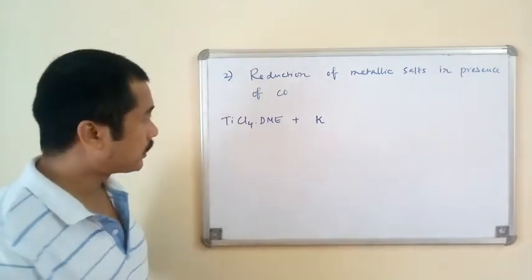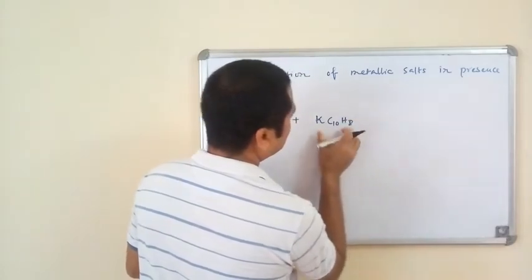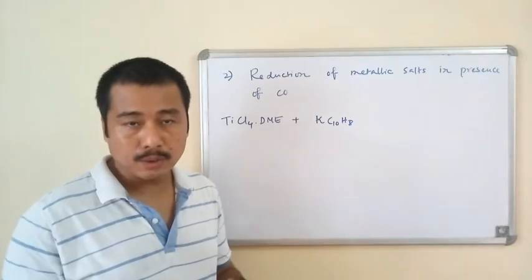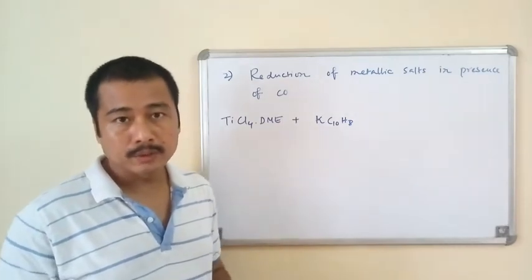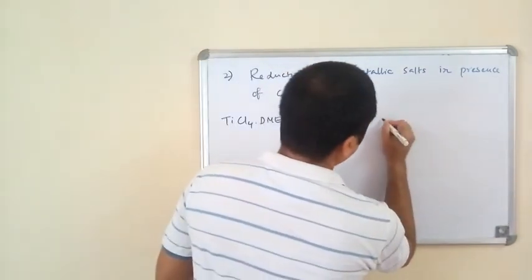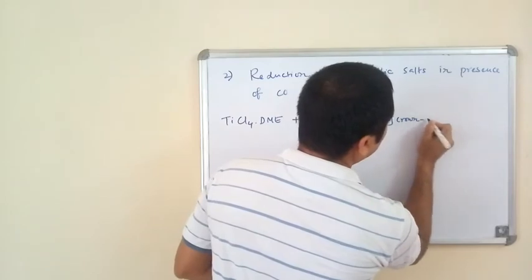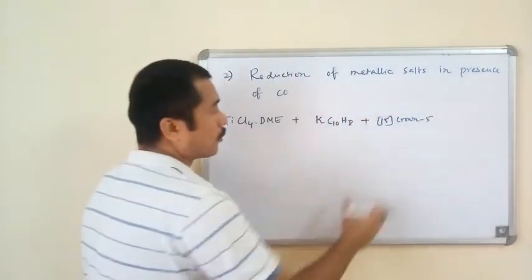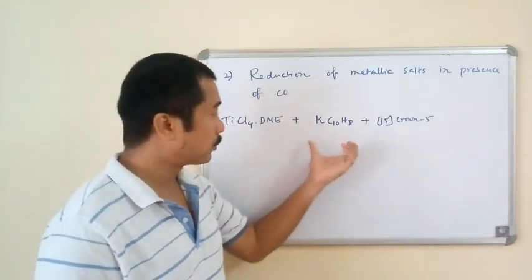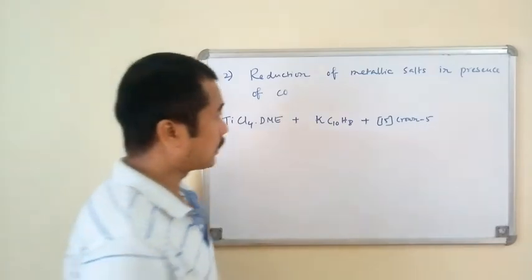So one uses, instead of potassium, potassium naphthalene, where potassium metal is essentially coated by naphthalene, which is a hydrocarbon, and the reaction is done in presence of 15-crown-5, which is a crown ether and can form complexes with potassium ions that are going to be produced during this reaction.